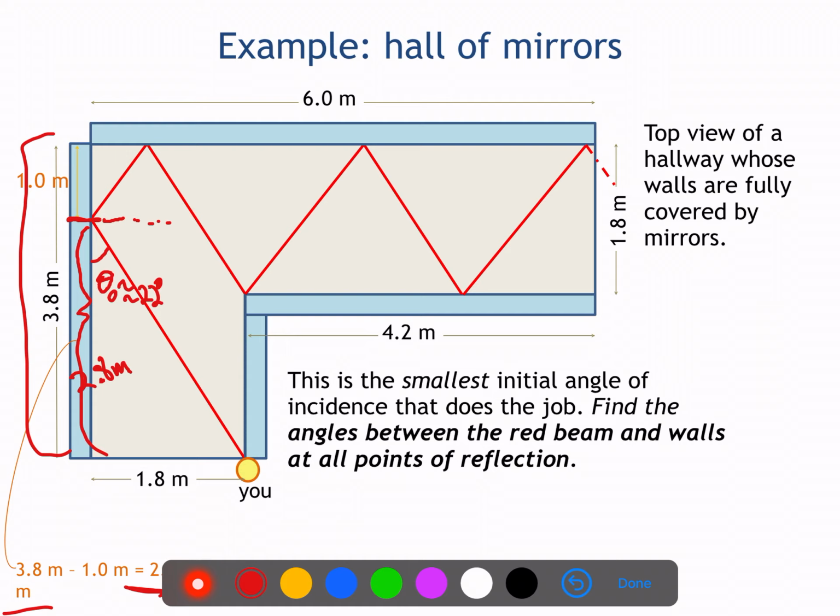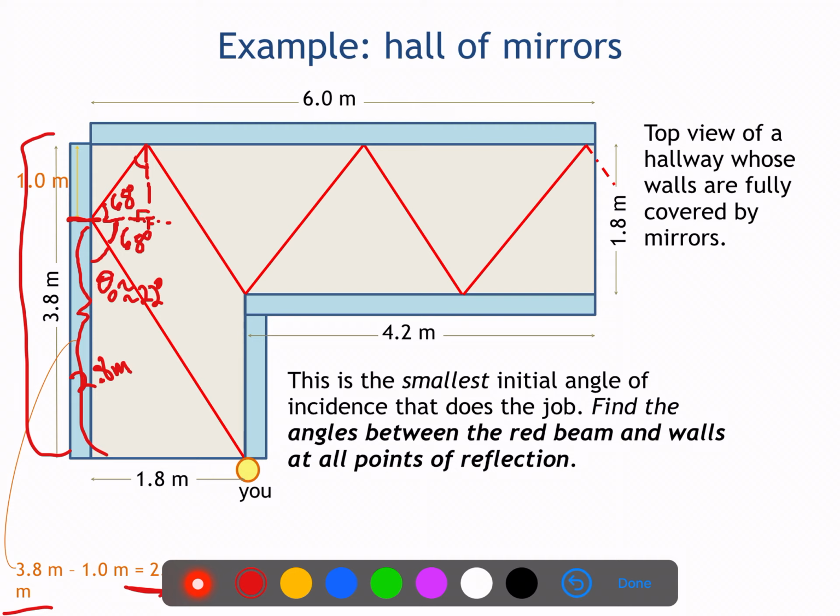Okay, which means then that this has got to be 90 degrees minus that, so 68 degrees. Okay, by the law of reflection, then this angle also has to be 68 degrees. And if I draw a perpendicular to this surface up here, then I can see that I've created a right triangle right here.